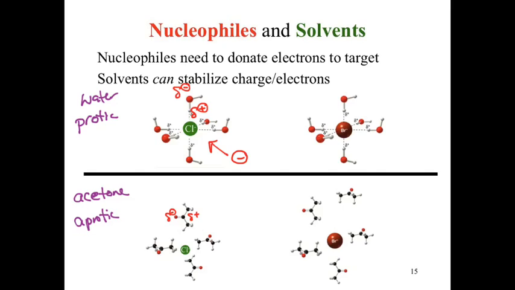So then the question becomes, okay, how does that change my interactions? Well, since chloride is relatively small in the aprotic environment, it interacts with very few solvent molecules. But bromide, being larger, much bigger, interacts with a lot more solvent molecules.